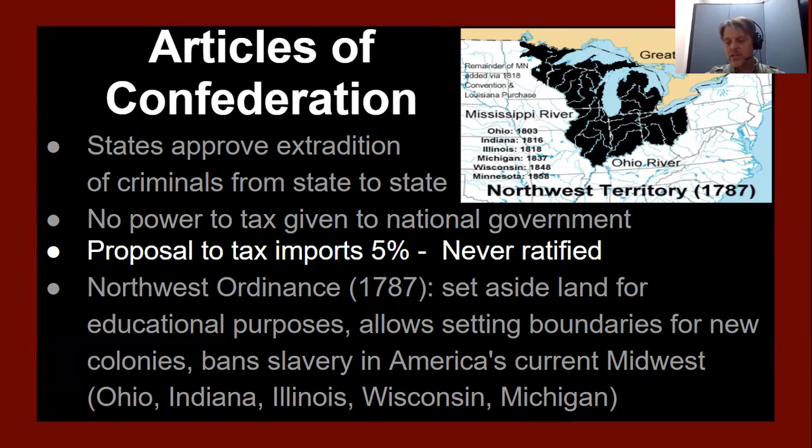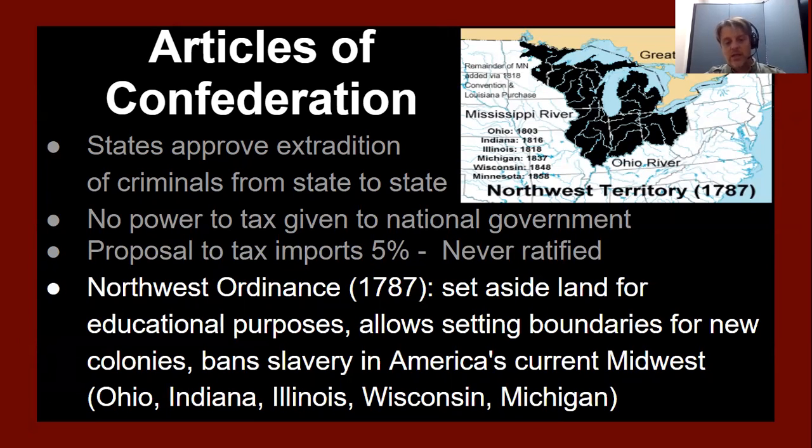There was a proposal to tax imports coming into the country so that the national government could make some money, but it was never ratified. And as you remember, the Northwest Ordinance was one of the big pros to the Articles of Confederation. It listed, among other things, a way for states to get into the Union, which still exists today.